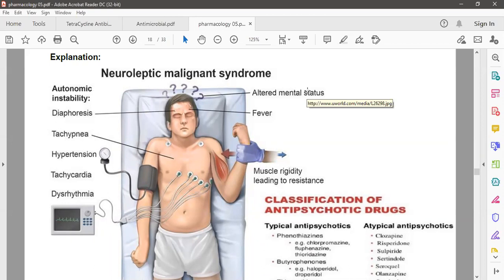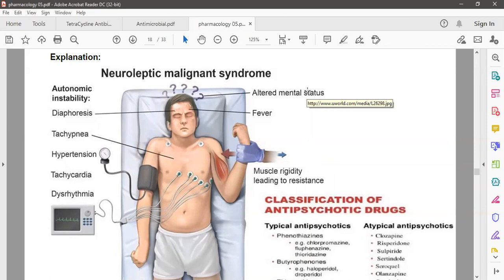So as an LPN or RN, if your patient takes an antipsychotic, we have to monitor the side effects of the medication, especially tardive dyskinesia.